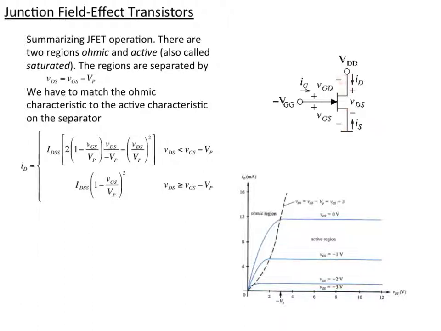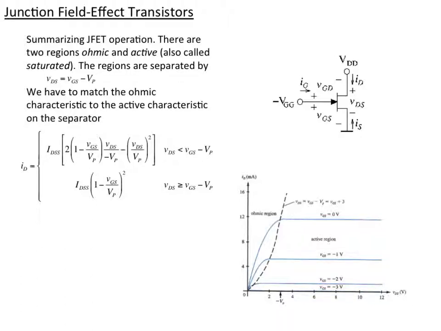which is given by VDS, the difference between here and here, equals VGS, whatever this difference is, minus the pinch voltage. And so that draws this line on this plot where you have the current versus VDS. You can get that line just by matching this behavior to that behavior. So in the active region, let me go with that first, we have a constant current.